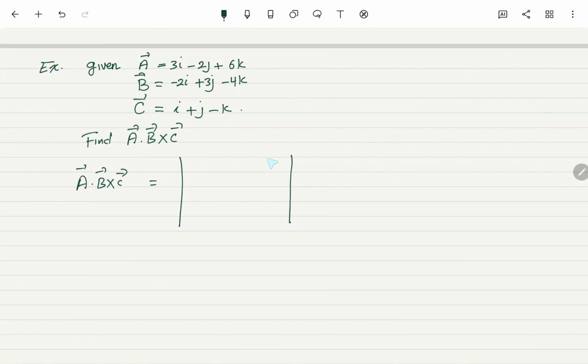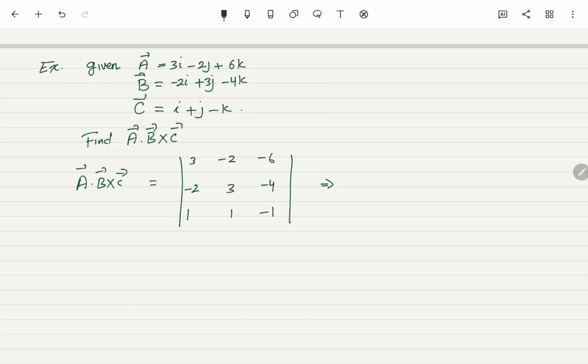The first row is the components for the first vector, which in this case is 3, minus 2, 6. The second is the components for the second vector, which is minus 2, 3, and minus 4. And the last one is 1, 1, minus 1.